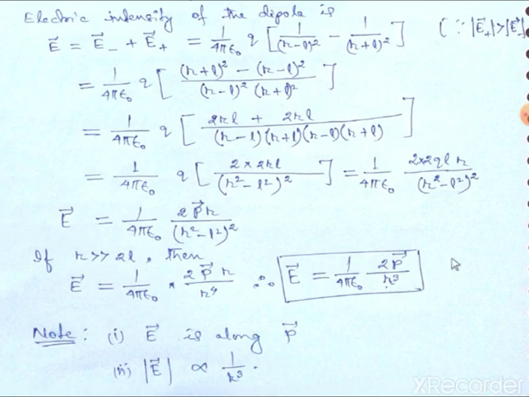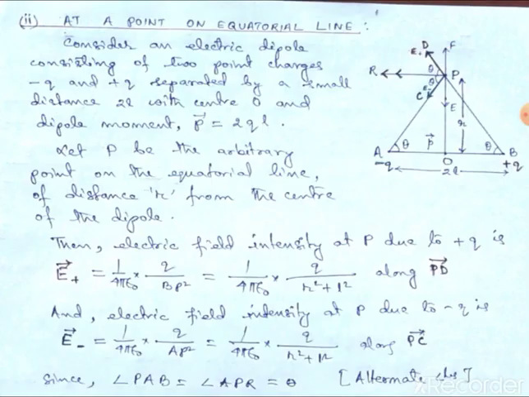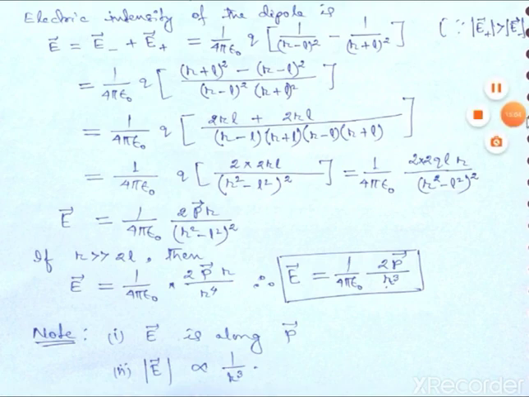Here also electric field E decreases when the distance r increases, but the rapidity of decrease in the case of an electric dipole is more than that of a single point charge, because there is a cube in the denominator for the dipole, and only r square for the single point charge. So let's do up to this for today.